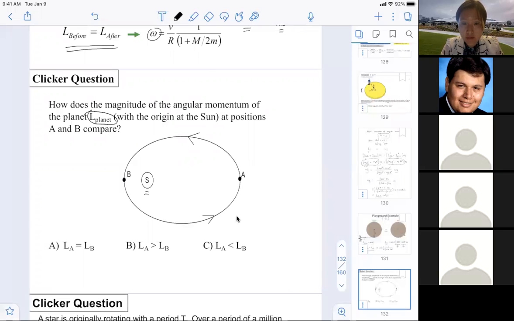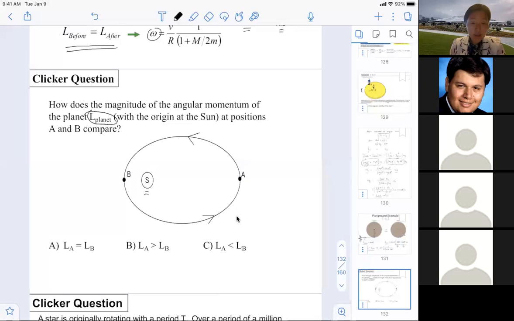Whatever force they have between them is internal. And here, the sun is not orbiting around itself. What is orbiting around is the planet, right? So the planet's angular momentum should remain constant throughout its motion, constant at different places. So L at point A should equal L at point B.